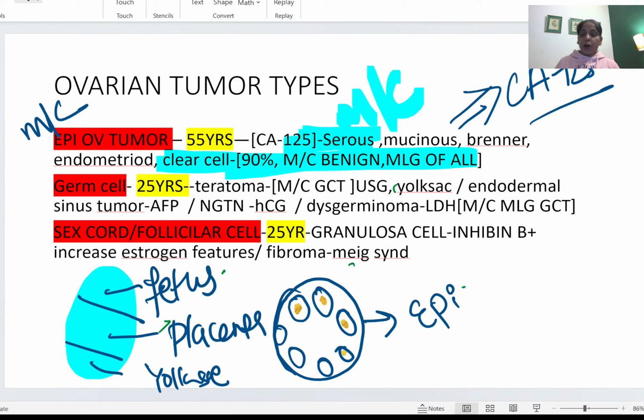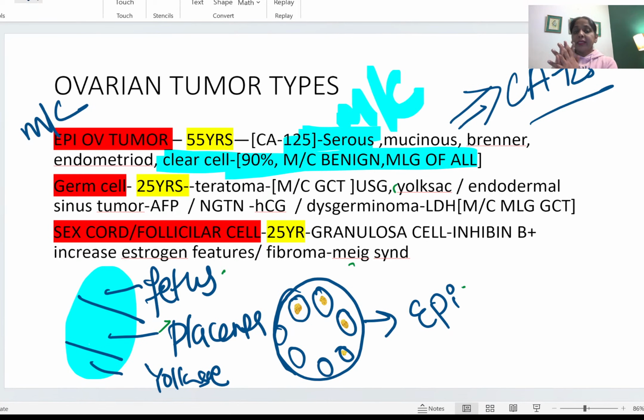Its benign form is known as dermoid cyst, and that is the form in which we get hair, thyroid gland in the ovaries, all the three germ cell layers. Multiple questions have been asked on teratoma and dermoid cyst. Dermoid cyst contains the three germ cell layer products.